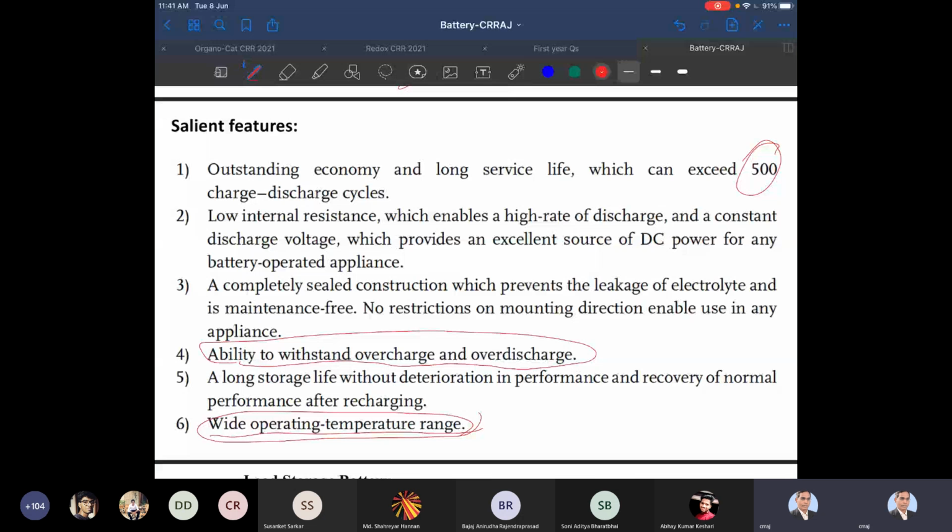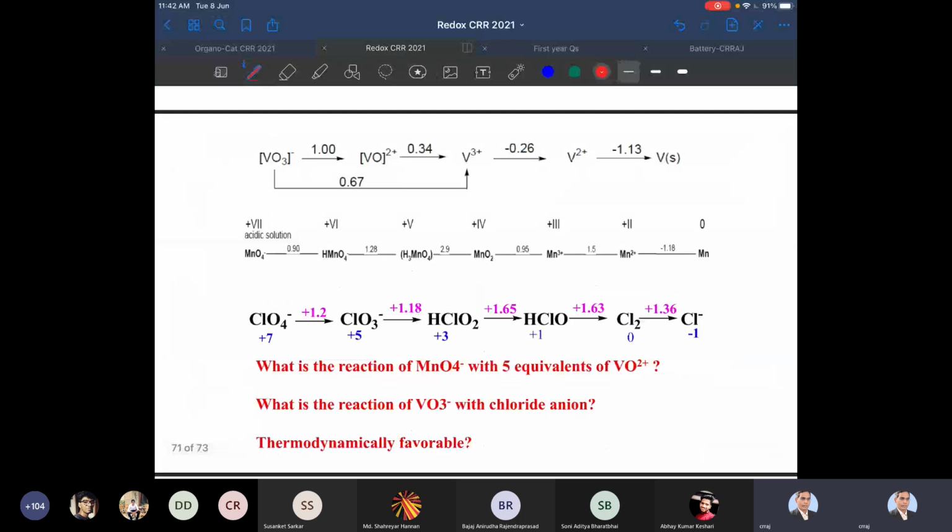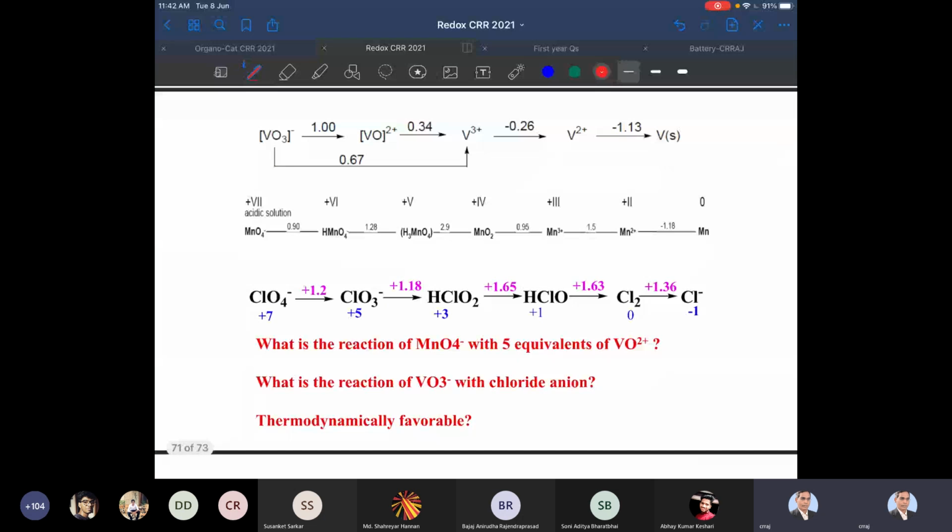Okay. Now what I will do is go to the redox. I will show you. Look at this slide. I have given three Latimer diagrams, number 1, number 2, number 3.